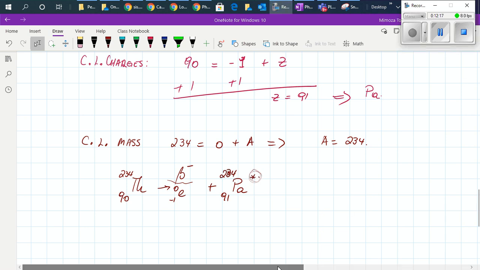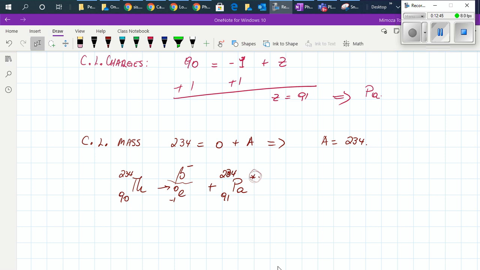However, beta negative decay has one case in which the conservation law of charges and the conservation law of masses is not quite true the way that we see it here.